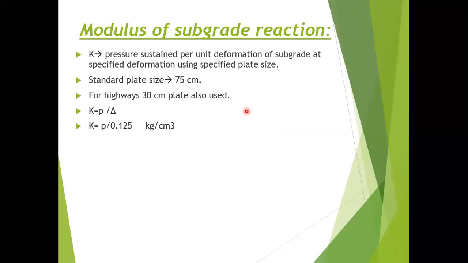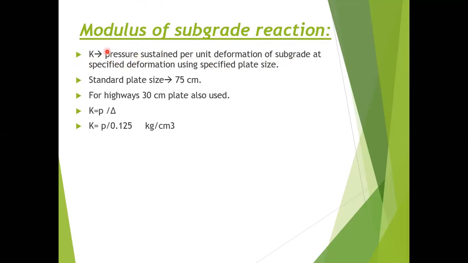With this diagram what you are measuring is the modulus of subgrade reaction, that is called K. Modulus of subgrade reaction means pressure sustained per unit deformation of the subgrade. That means you are applying the load, against that load there will be a deformation in the soil, and you are measuring that pressure.